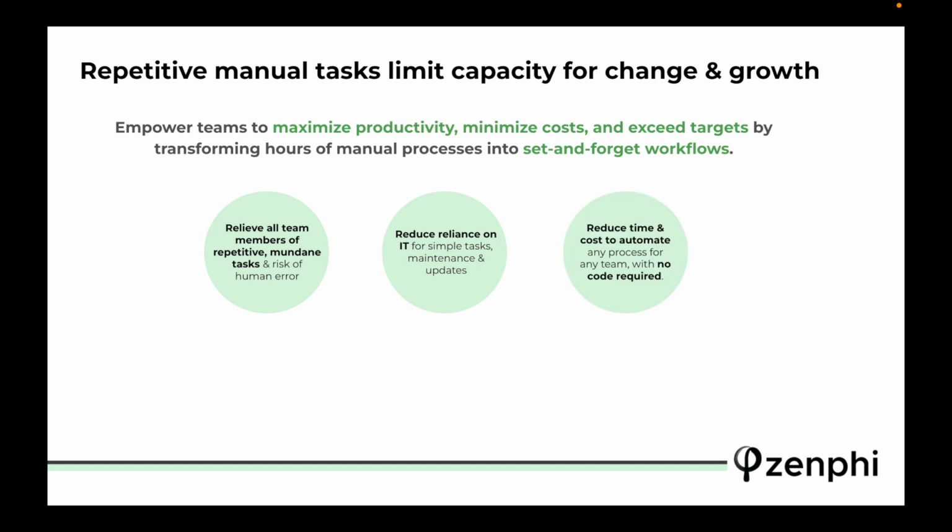With Zenphi, you can automate any processes quickly and cost-effectively compared to other tools. Your team will have more time for more meaningful human work and projects. And in the end, it will greatly boost your overall employee satisfaction.